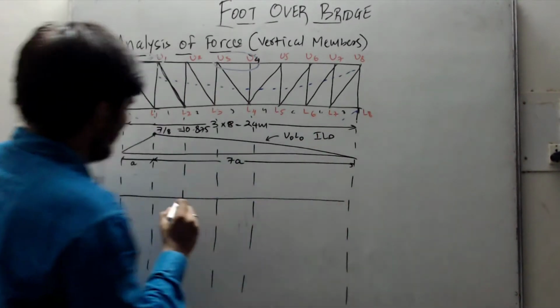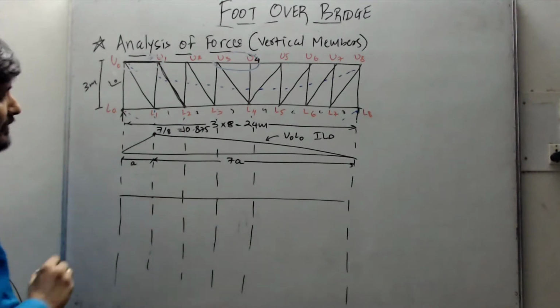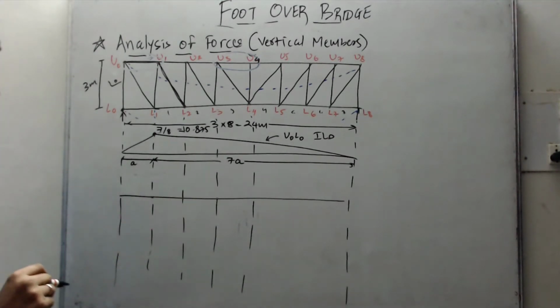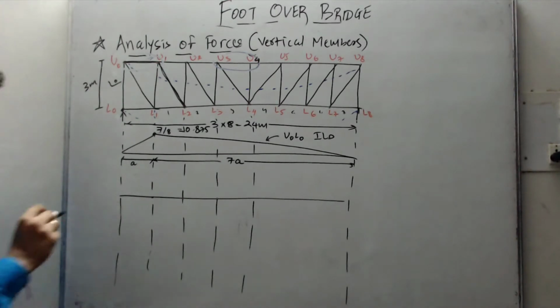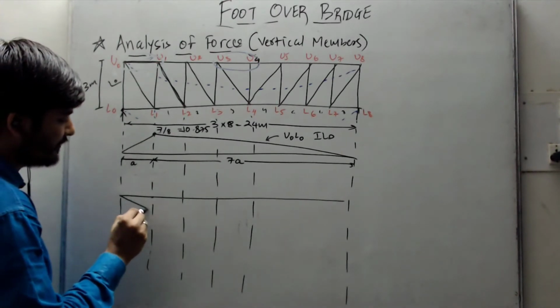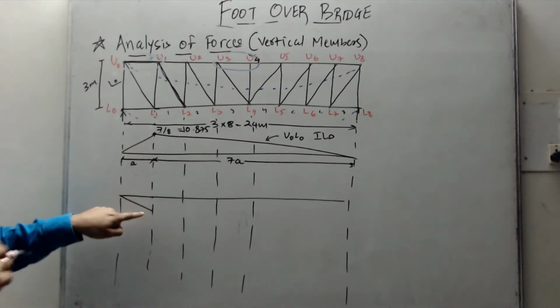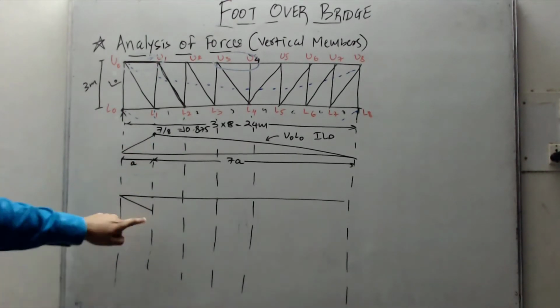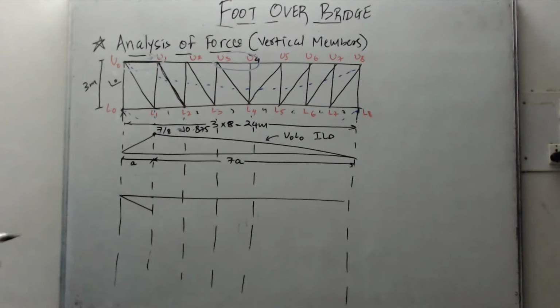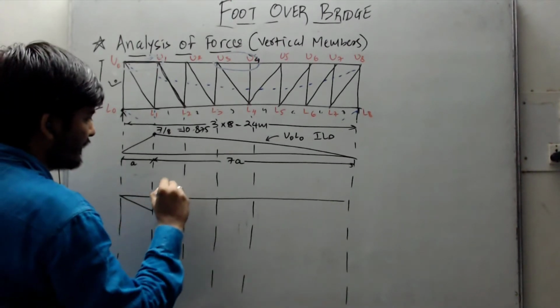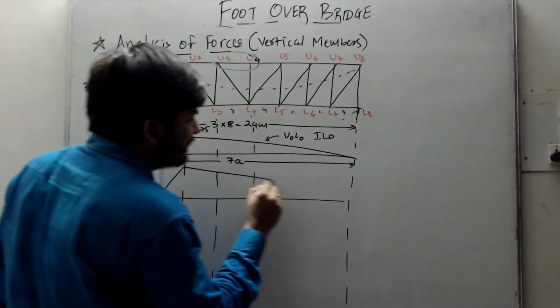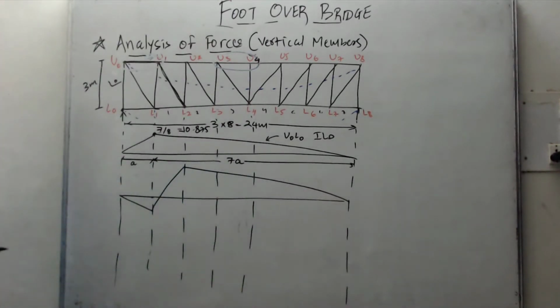So u1 l1 is my member, right? For that the diagram will be something like this, because I have a value at this point, so it will go like this and like this. Here I have got a point of contraflexure.